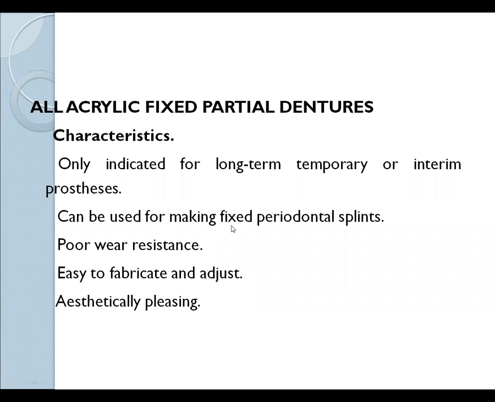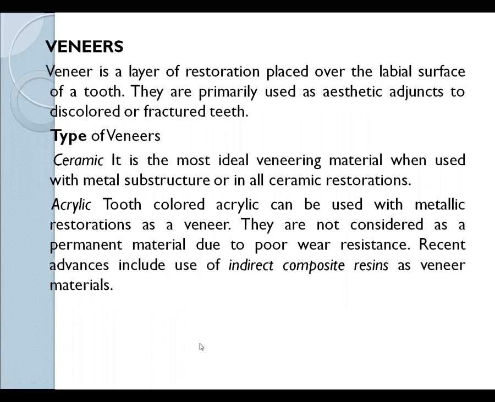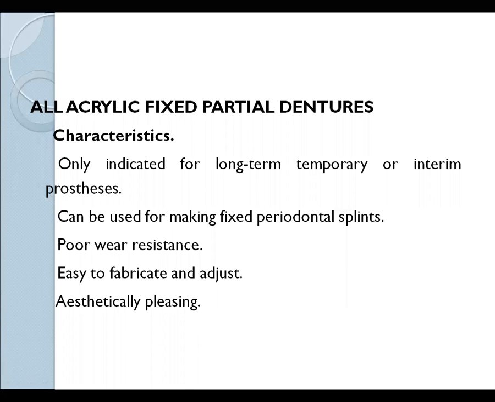It can be used for making fixed periodontal splints. The disadvantage is poor wear resistance; it is easy to fabricate and adjust, and aesthetically pleasing, as acrylic can be made in tooth color only, which resembles the natural dentition.